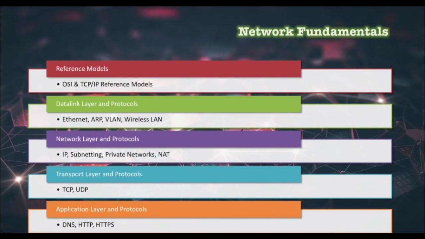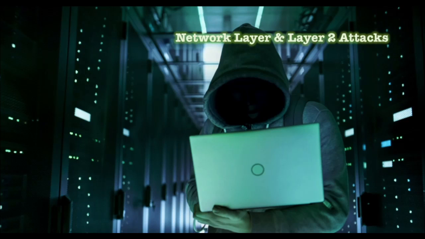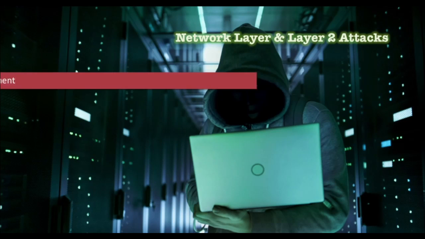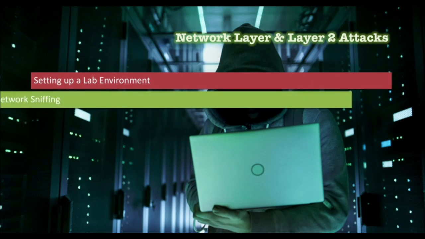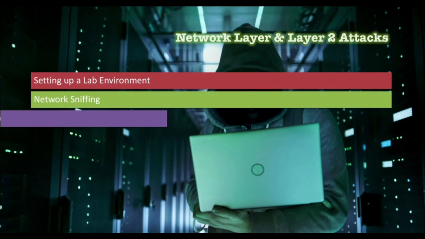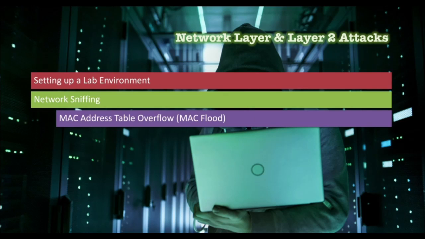In the network layer and layer 2 attack section, you're going to learn sniffing the network and gathering information from the network. Then, we'll see some attacks and techniques to expand the sniffing surface. MAC address table overflow attack, also known as MAC flooding.